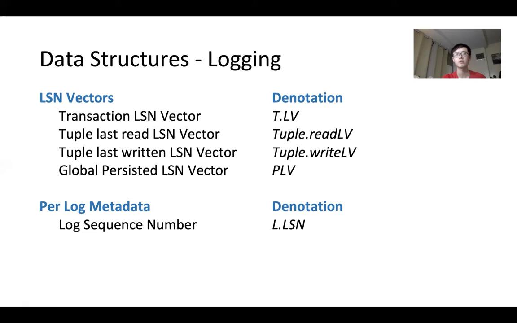Similarly, the write LV indicates the LV of the latest transaction that has written this tuple. We also maintain a global persisted vector, which keeps track of how much we have flushed each file to the disk.